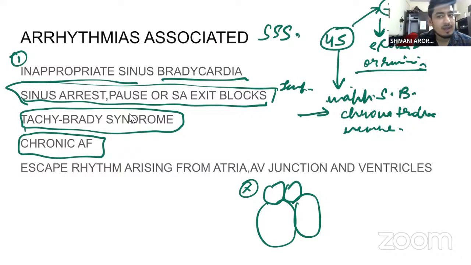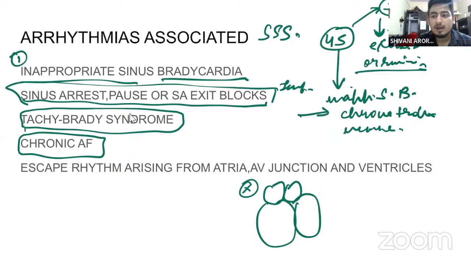Or we can have ventricular rhythm if the AV node doesn't take up the work, and in that case ventricular rhythm would be the presentation of SA nodal dysfunction. Or we can also have accelerated idioventricular rhythm as one of the presentations of sick sinus syndrome or SA nodal dysfunction. So these five points are very important.